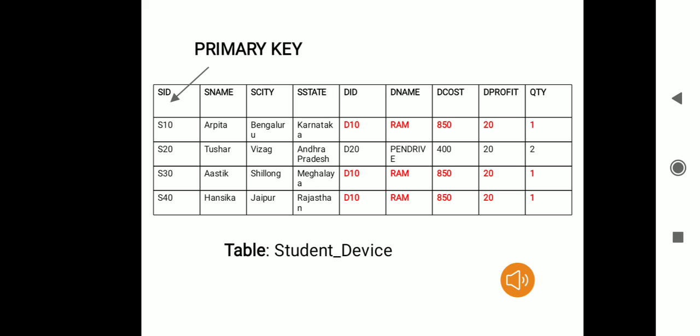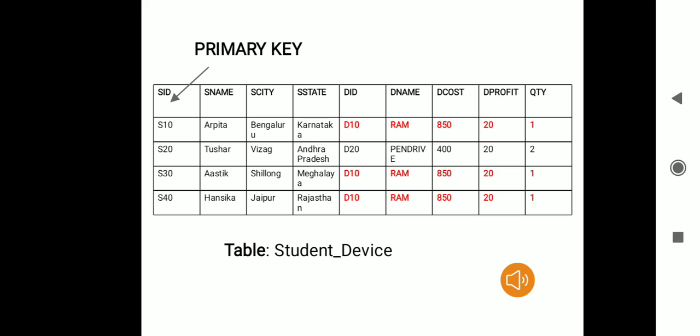However, if you consider the columns DID, DNAME, DCost, DProfit and QTY, you will notice that there are duplicate entries for these columns as represented by the entries with color red.